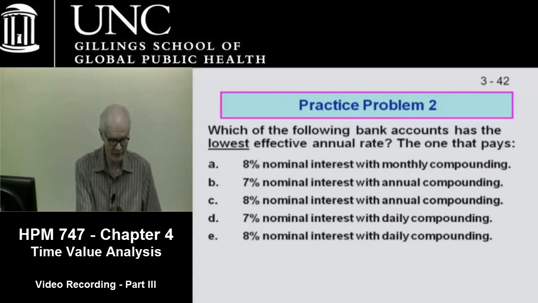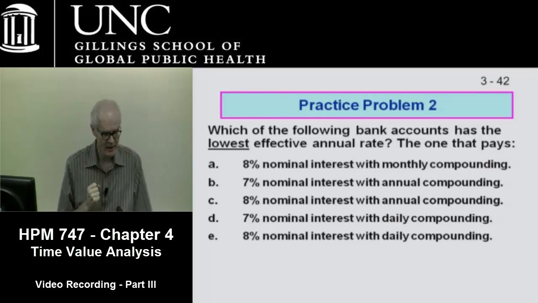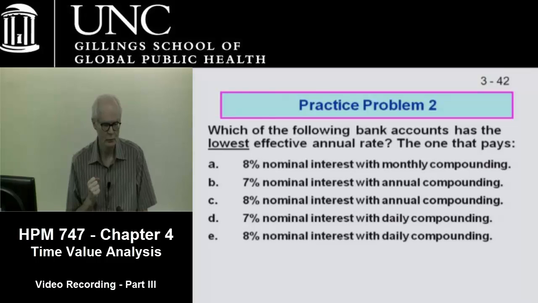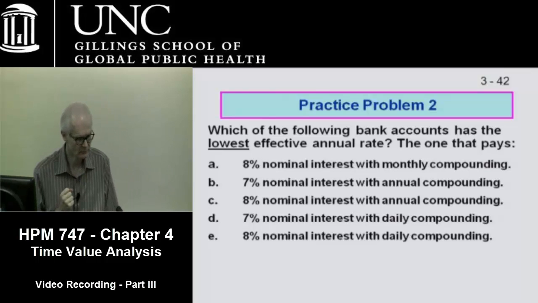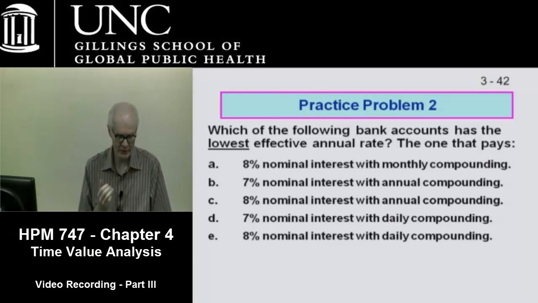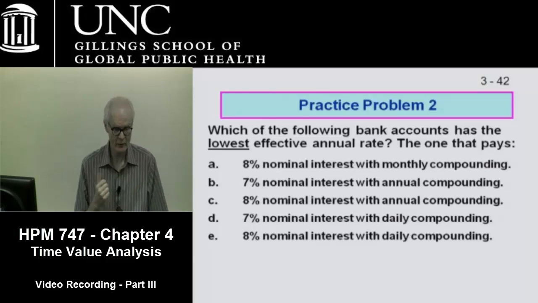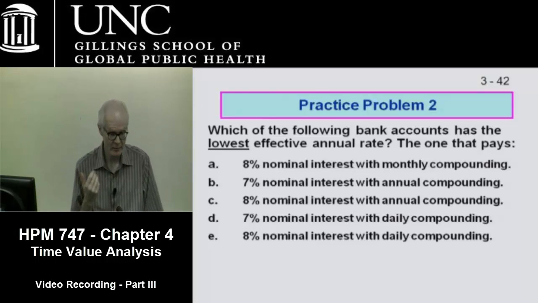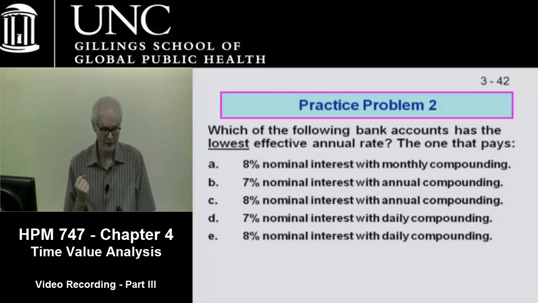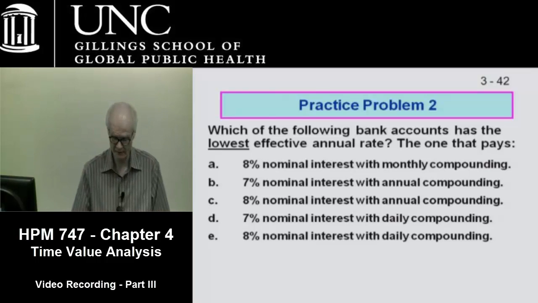So amongst the 8% interest rates, annual compounding will give you the lowest. So C dominates A and E. Between B and D, which dominates? They both have 7% interest rates. B dominates D. So the question comes down to B or C. And since both B and C have annual compounding, the one with 7% has got to be less.